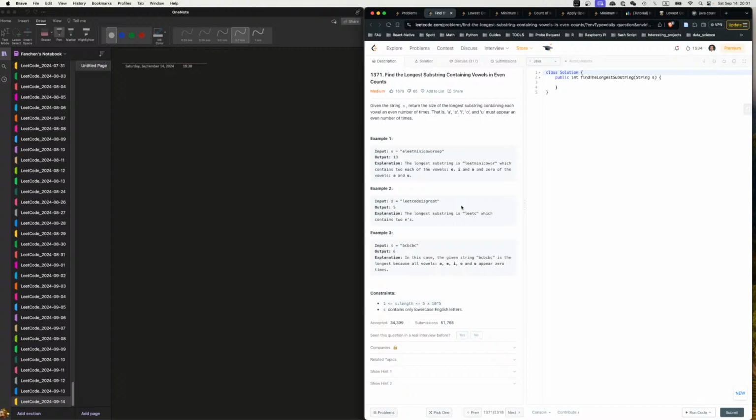Is this a sliding window? Because it has to be an even number of times, so we have a left pointer and a right pointer, and the right pointer moves. When it encounters the first vowel, does it do anything?